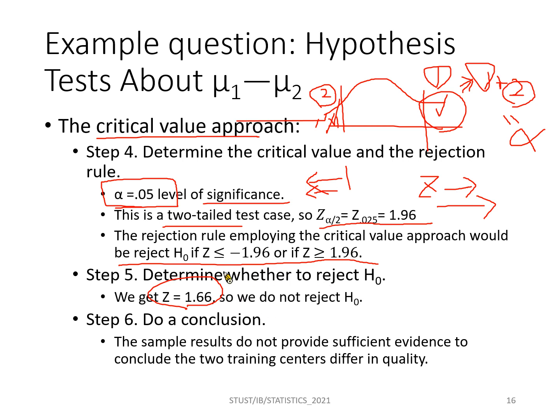It's not larger or less than the specific z-values, so we do not reject the null hypothesis. So here is the conclusion: we do not have sufficient evidence to conclude the two training centers have different training quality. So that's for today's learning. Thank you.